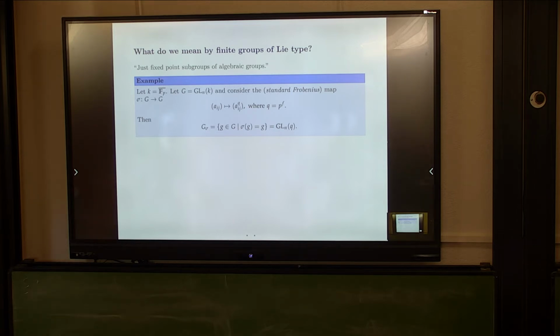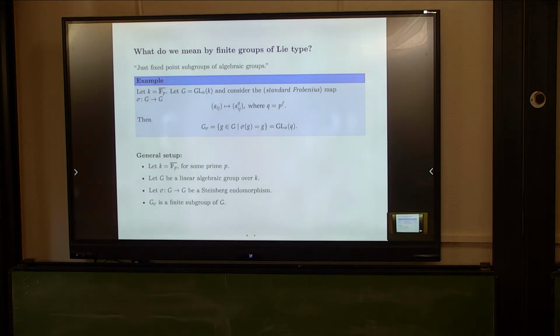Of course, we can do the same game with other algebraic groups, right? Because they're all just closed subgroups of GL_n. And we can also generalize this map to the Steinberg endomorphism. An example we've seen at least twice today is the transpose inverse. The generalization is really just that if you have this kind of map and you iterate it multiple times, you eventually get back to some sort of Frobenius map.